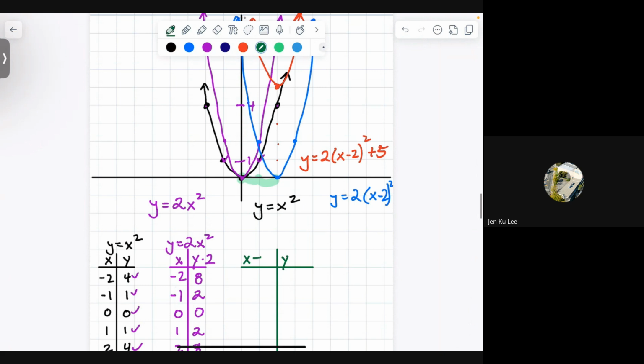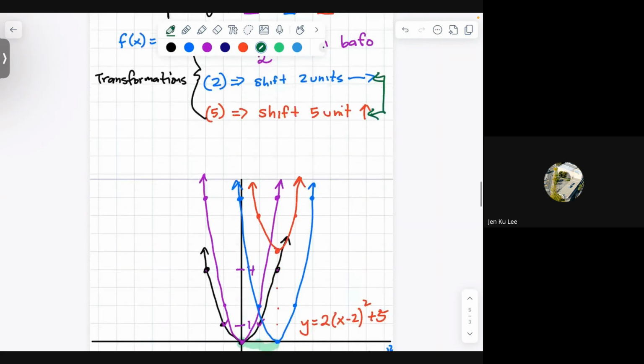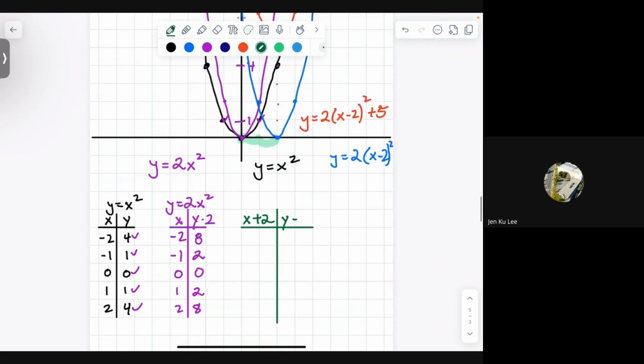So that's x plus 2. And then my y value being up 5, that's just y plus 5. So negative 2 plus 2 is 0. Negative 1 plus 2 is 1. 0 plus 2 is 2. 1 plus 2 is 3. 2 plus 2 is 4. Plus 5: 8 plus 5 is 13. 2 plus 5 is 7. 0 plus 5 is 5. 2 plus 5 is 7. 8 plus 5 is 13.